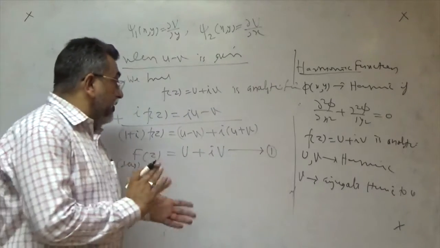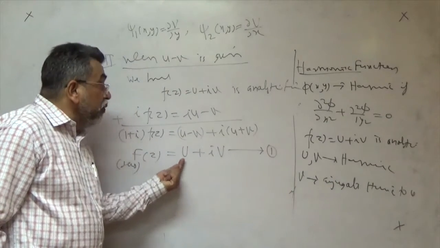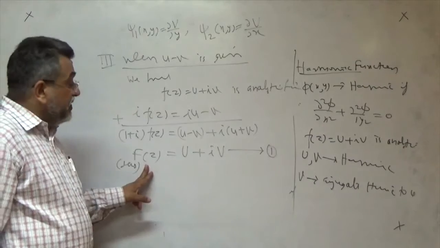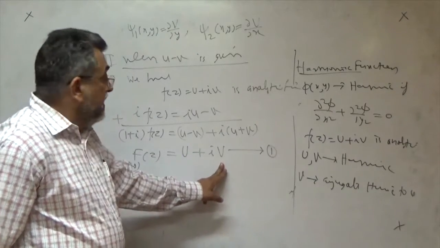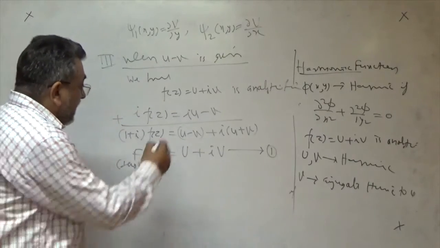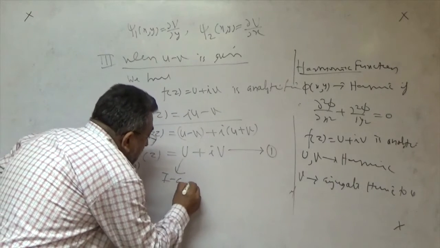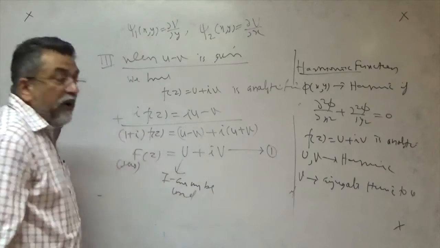Now we change the notations by taking u minus v as capital U, u plus v as capital V. Now here capital F(z) is an analytic function, capital U is the real part, and capital V is the imaginary part. Now we can use the Milne-Thomson method. If u minus v is given, then the first case may be used because the real part is given.